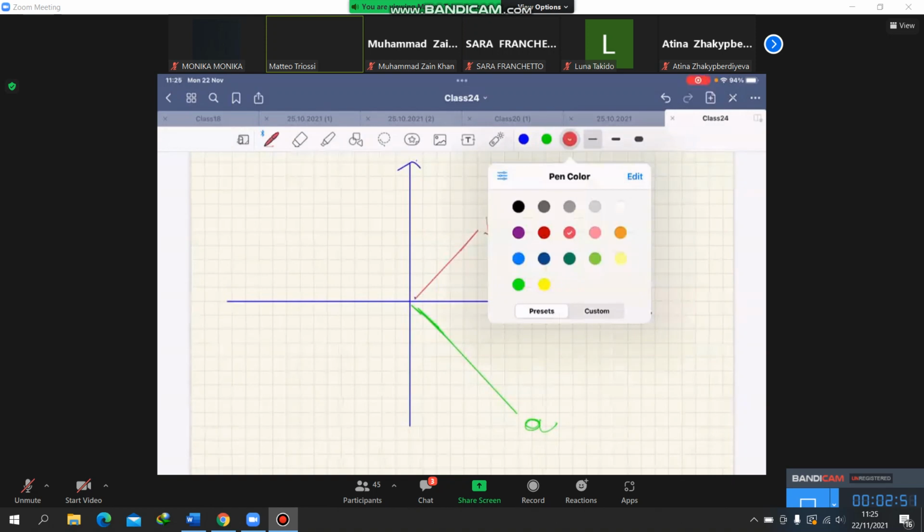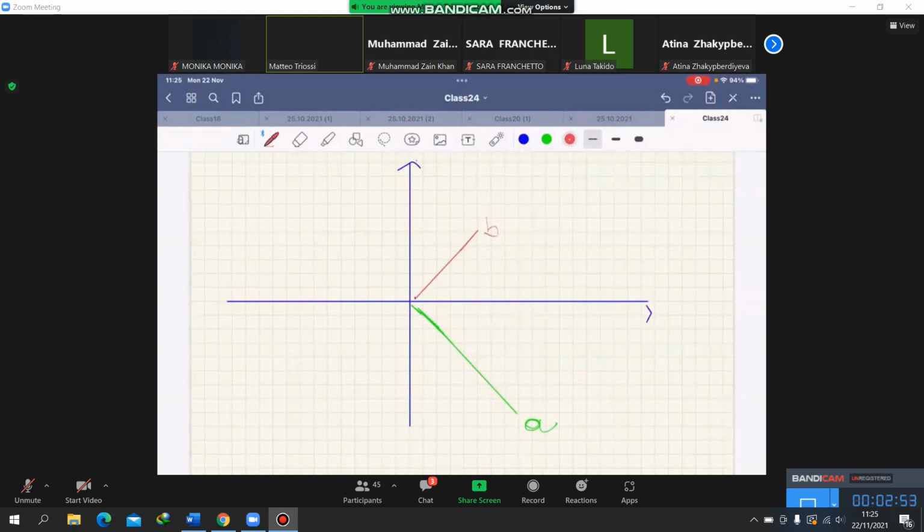So you may want to check that, if you've seen some orthogonality between vectors in high school, they find through the cosinus of an angle, you may want to check that the scalar product of these two vectors is equal to 0.